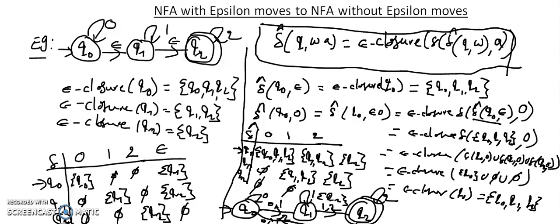So according to the theorem, Q1 and Q0 should be final states, so here these two are final states, Q0 and Q1. So this is the conversion of NFA with epsilon moves to without epsilon moves.